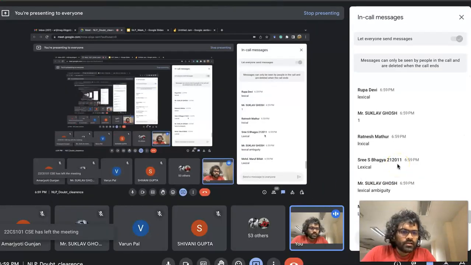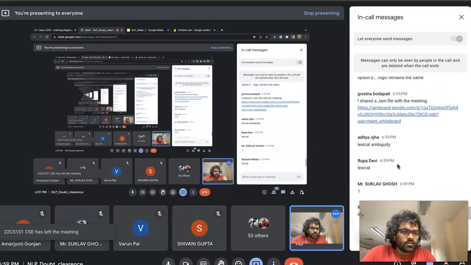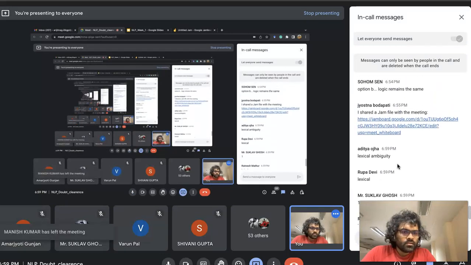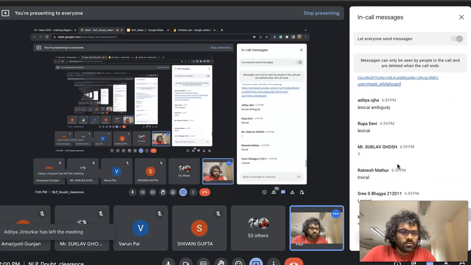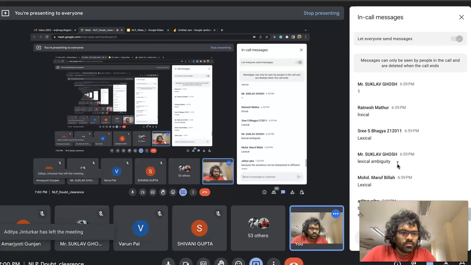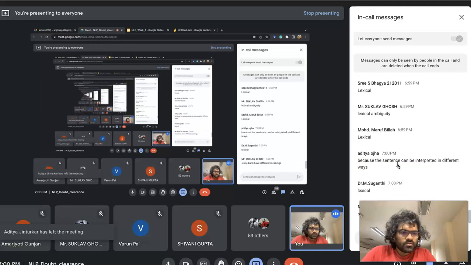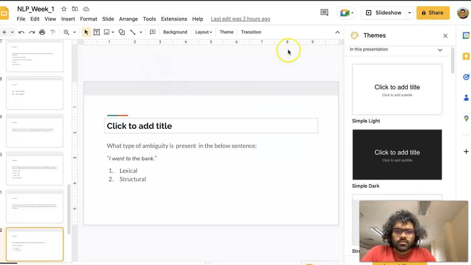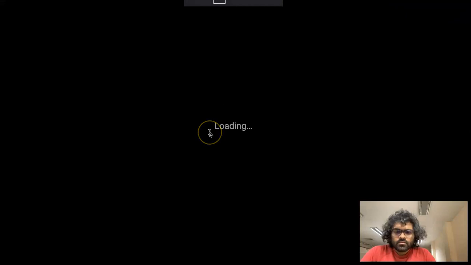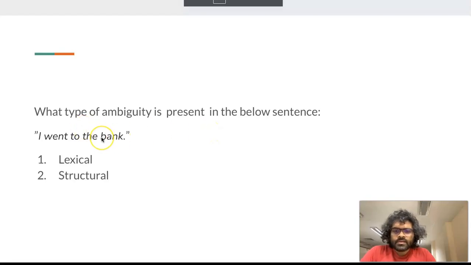Yeah, people are writing lexical, nice. So this word bank can be interpreted in many ways.